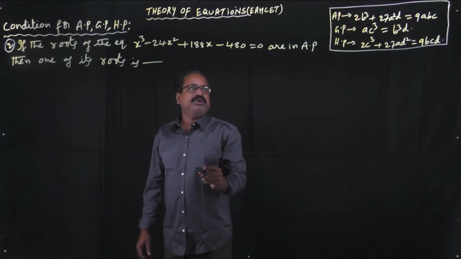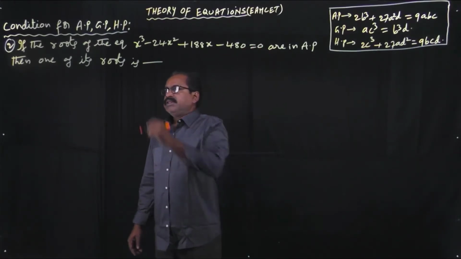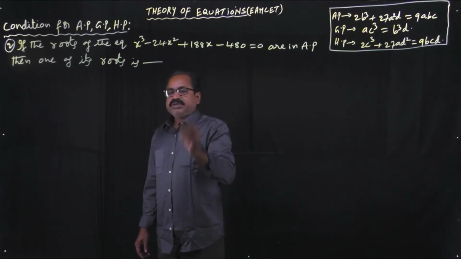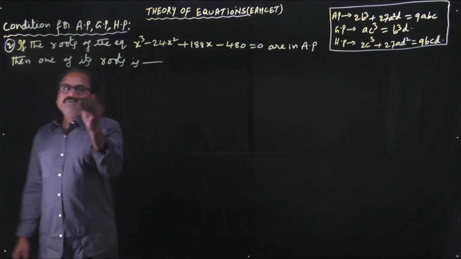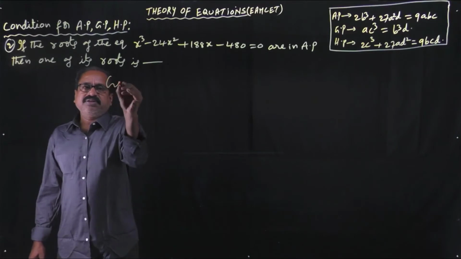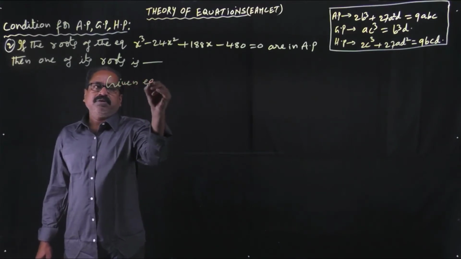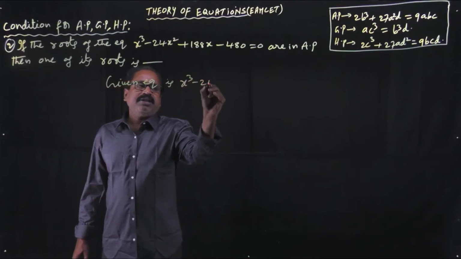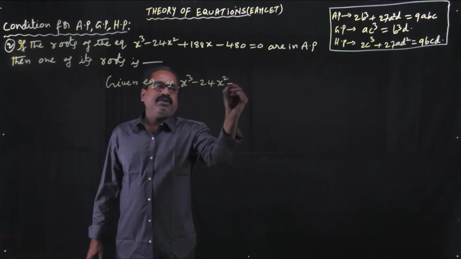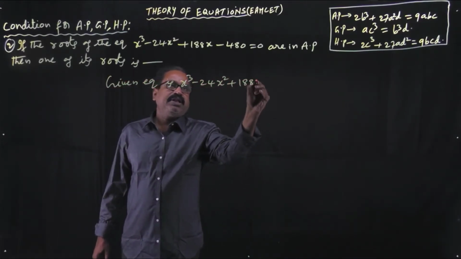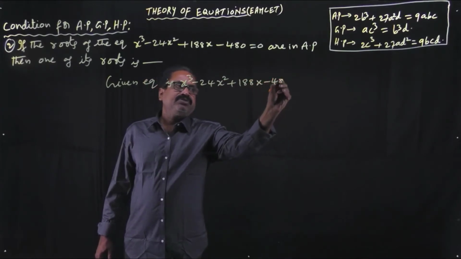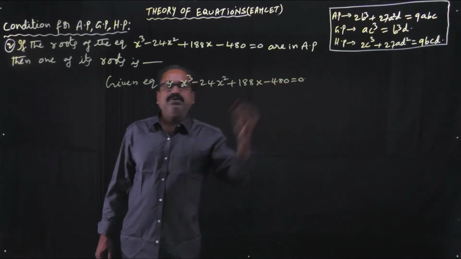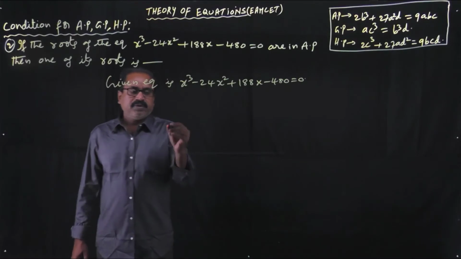Second question: if the roots of the equation x cube minus 24x square plus 188x minus 480 equals 0 are in AP, then one of its roots is... The given equation is x cube minus 24x square plus 188x minus 480 equals 0.